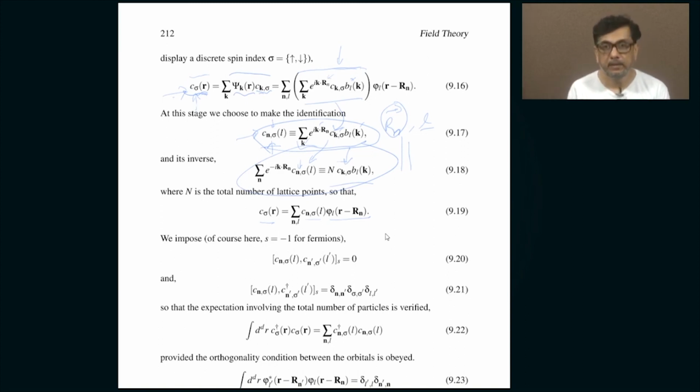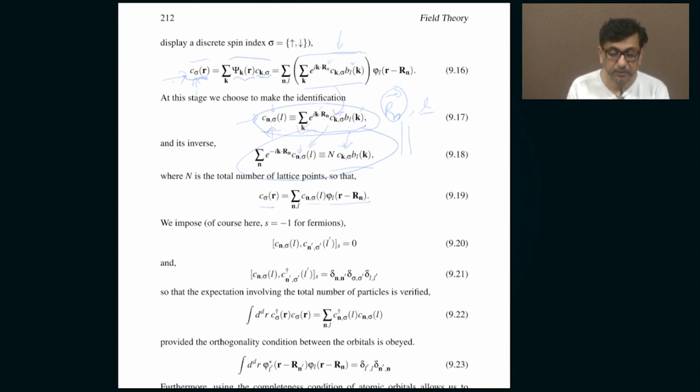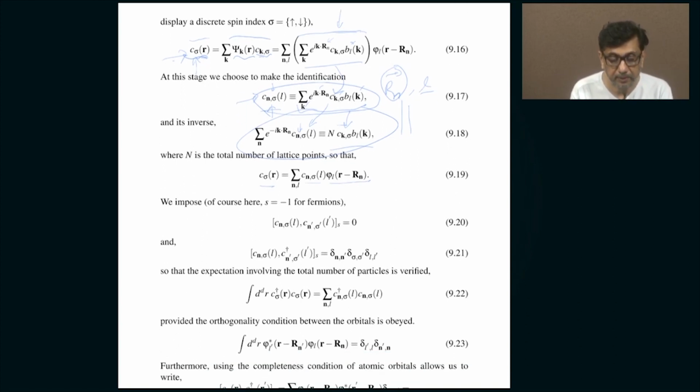Now I want to understand the commutation rules obeyed by these, that means I want to ensure that the anti-commutation rules for the electrons are properly obeyed. That is guaranteed because we are going to assume that the basis functions are orthonormal and complete. If the basis functions phi l are orthonormal and complete, that is both necessary and sufficient to ensure the fermion commutation rules of these annihilation operators.